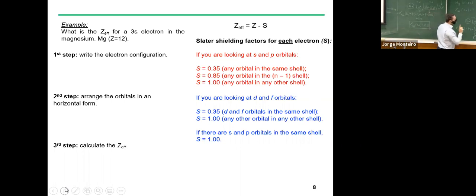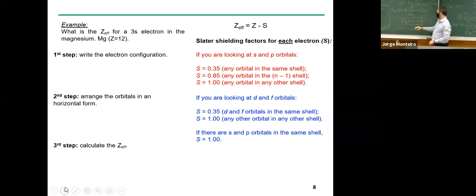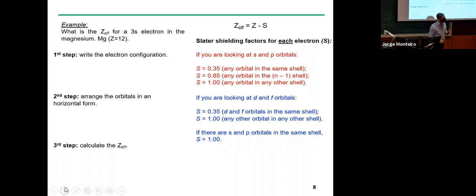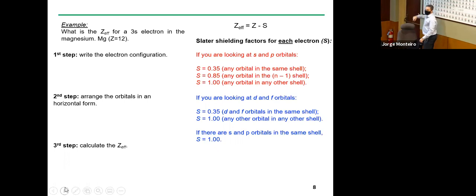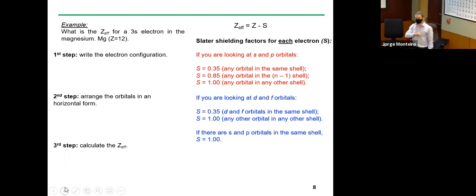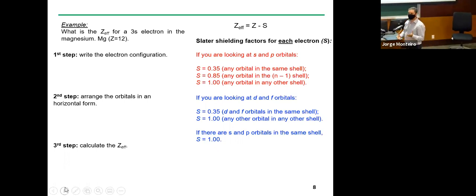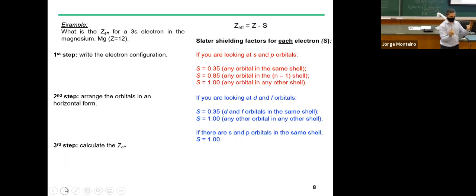Okay, so very interesting thing here. Let's look at the 3s for the sodium, 2.2, okay? And the 3s for the magnesium, 2.85. If you look at the periodic table, magnesium is right after the sodium in the same row. The only difference between sodium and magnesium is 1 proton and 1 electron.